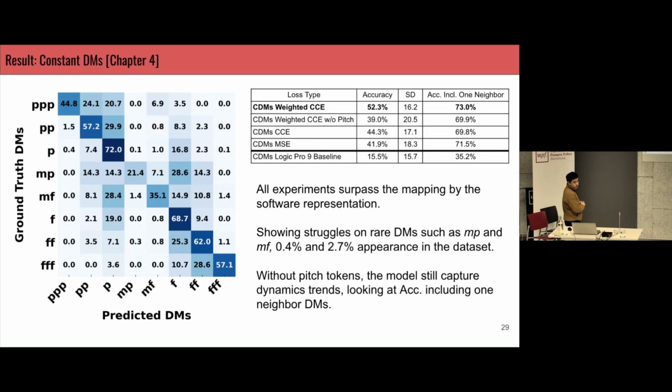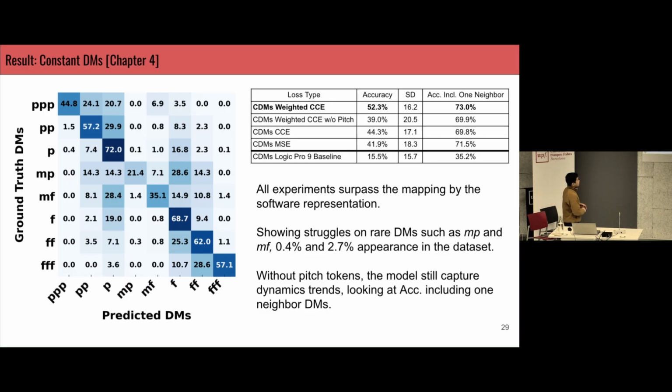So here are the results for constant dynamics markings estimation. Accuracy for all loss function setups exceeded the baseline hard-coded definition. And for the including-one-neighbor accuracy, the best performing is the weighted cross entropy, about 73%. There are some dynamics markings that the model struggles to estimate, which are mezzo piano and mezzo forte.